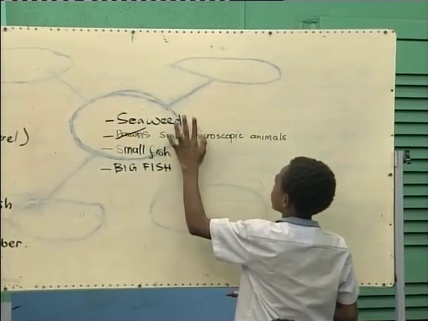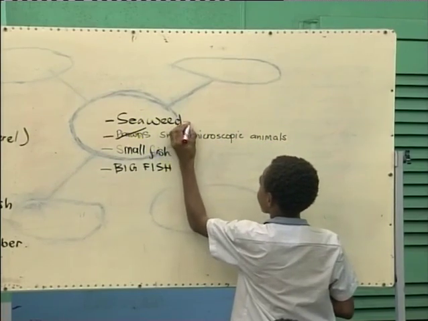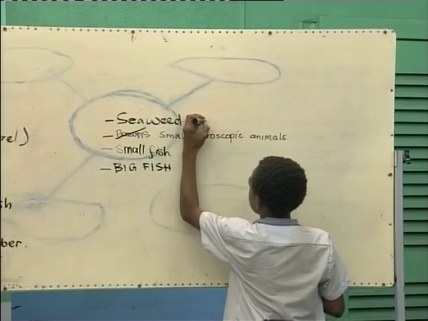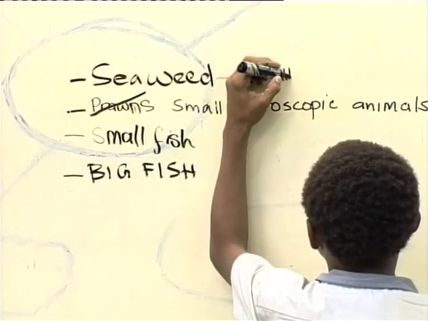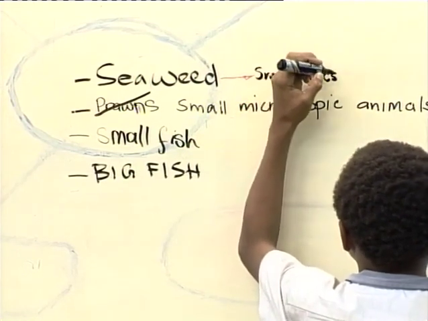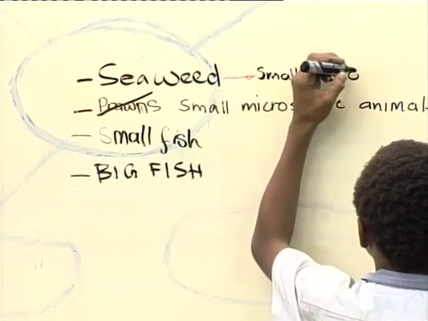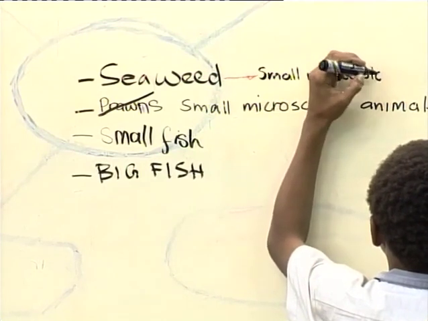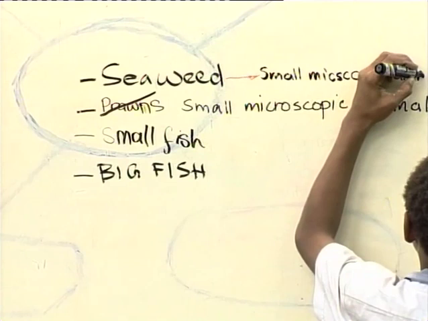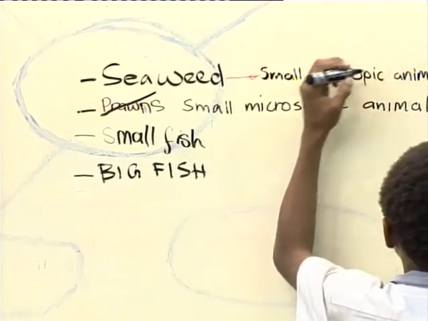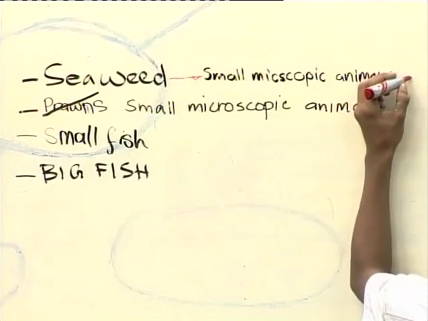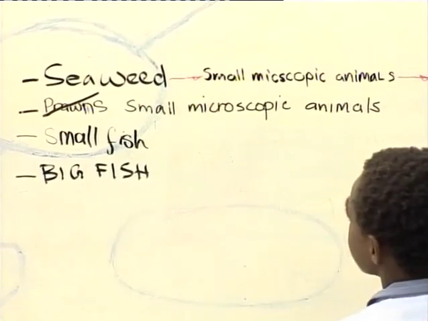Arrow. Small at the top, fish at the bottom.